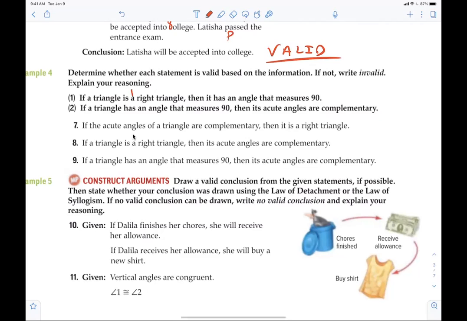If a triangle is a right triangle, then it has an angle that measures 90, P to Q. If a triangle has an angle that measures 90, then its acute angles are complementary, Q to R. If the acute angles of a triangle are complementary, then it's a right triangle. Is that out of order? Yeah, so I say it's not valid.